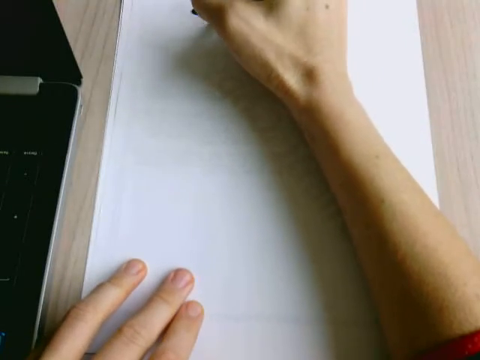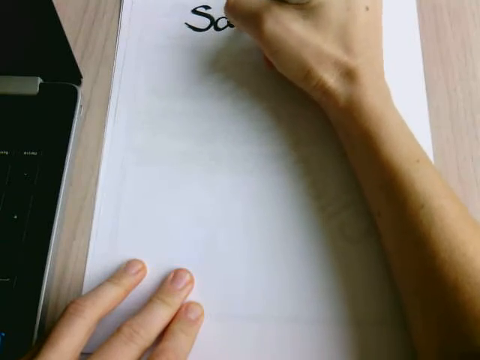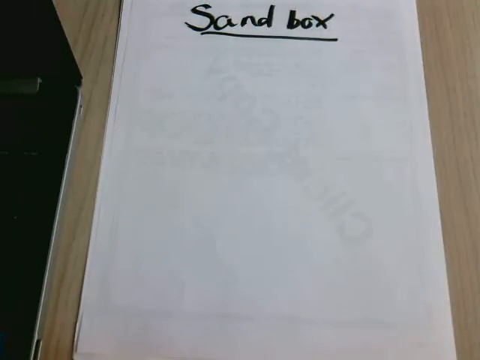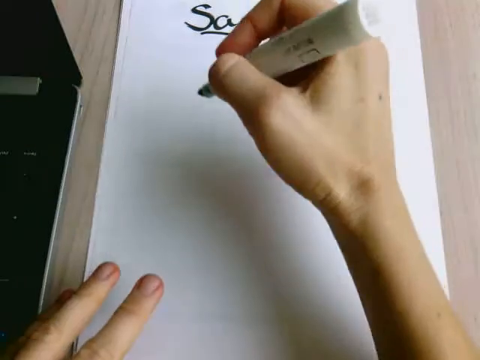Now, the second part of the problem is the sandbox. It asks us for the area of the sandbox cover. So let's draw a picture.